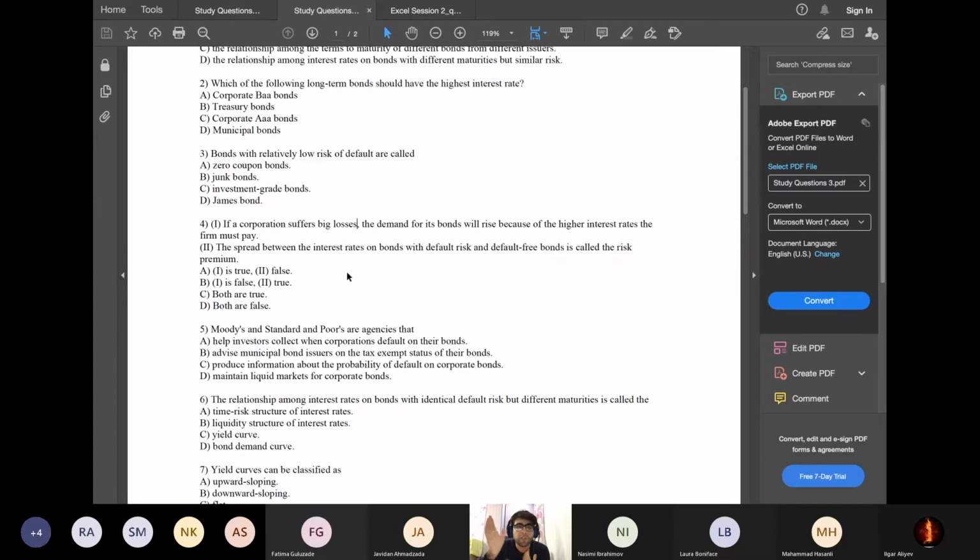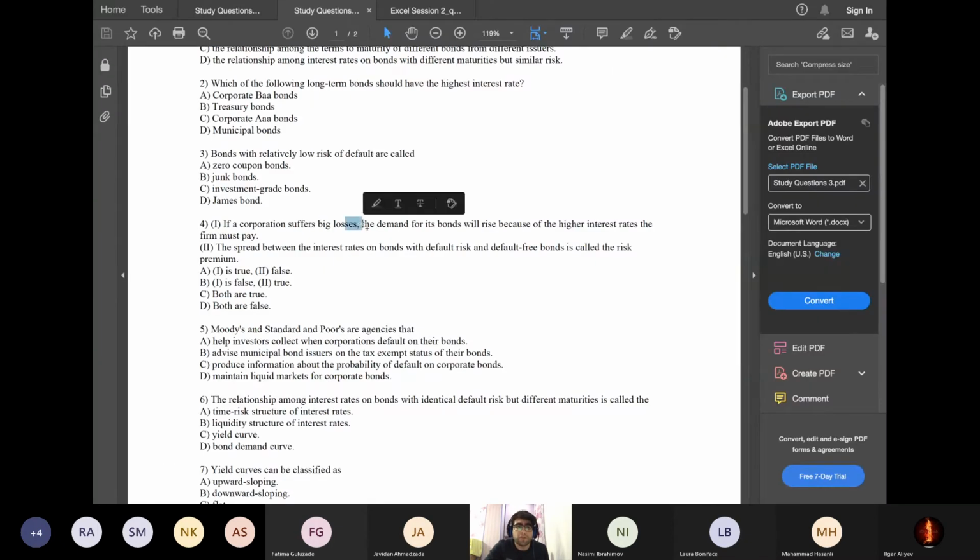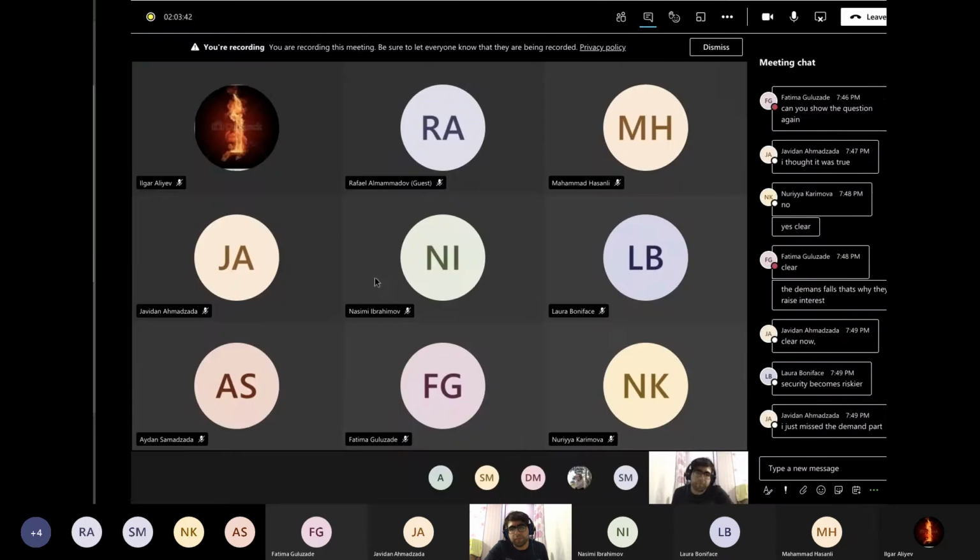Maybe tomorrow the corporation goes bankrupt. What will happen to my money? Will the corporation be able to pay? Of course not. Therefore, demand will decrease. Demand falls for risky bonds, junk bonds. If a corporation suffers big losses, its bonds are most probably junk bonds.